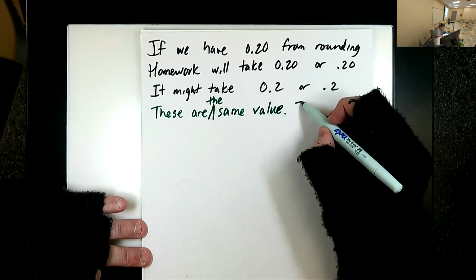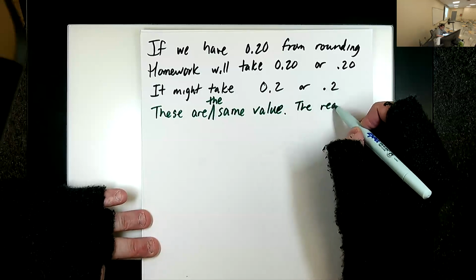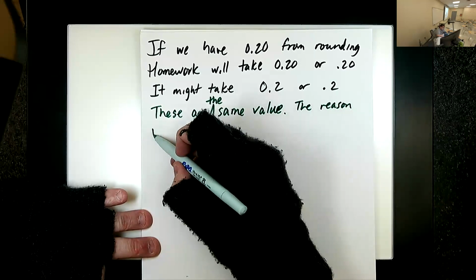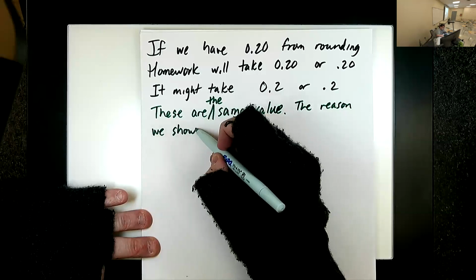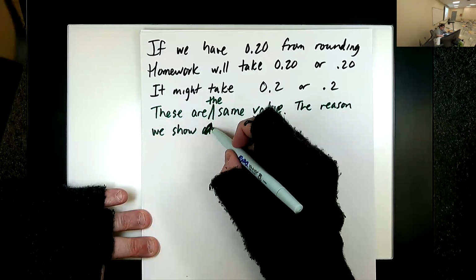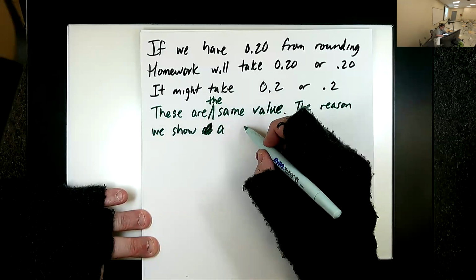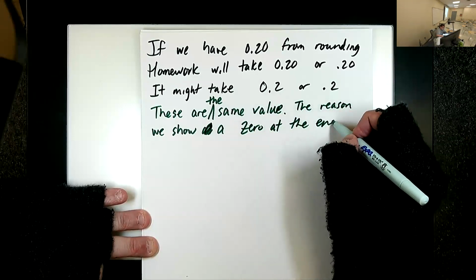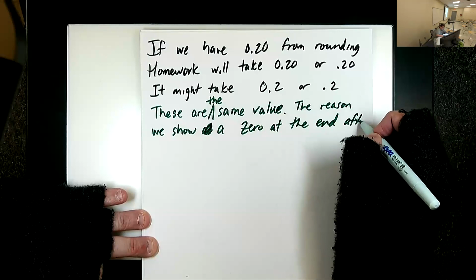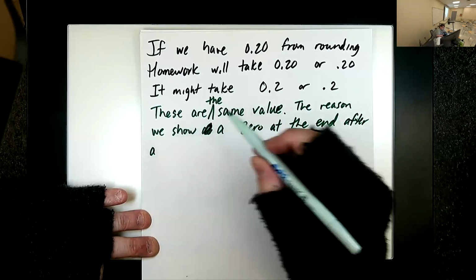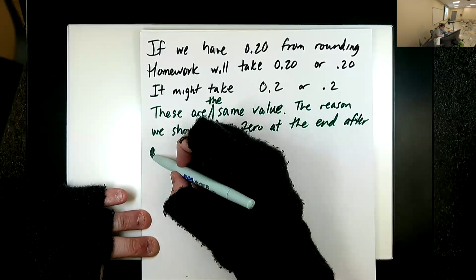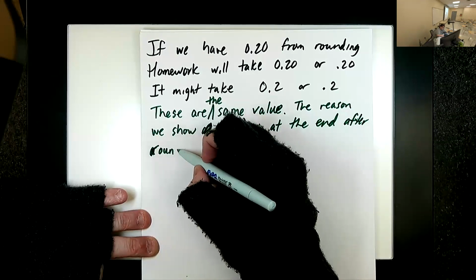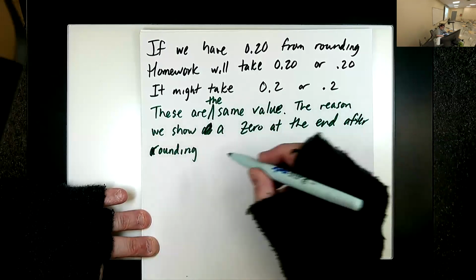The reason why we show a zero at the end after rounding: if it has a 0 at the end, we leave it.